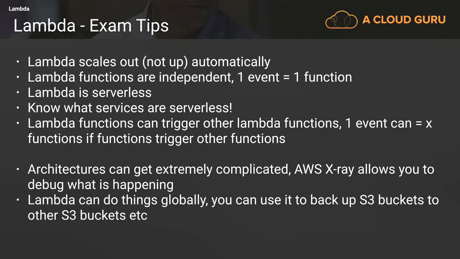Also remember that Lambda can do things globally, so you can use it to back up S3 buckets to other S3 buckets, etc. Also understand what AWS triggers there are for Lambda, so know what services can trigger Lambda. Remember that Lambda's duration time is a maximum of 5 minutes. And then, of course, always remember what different languages are available for Lambda.